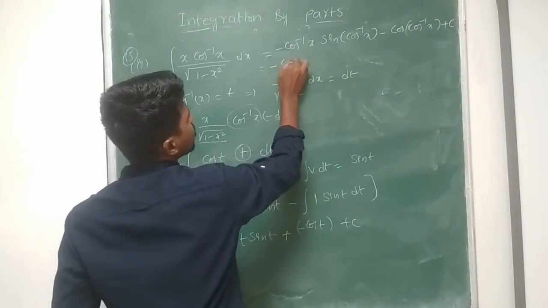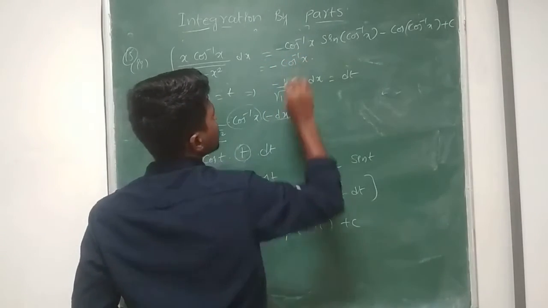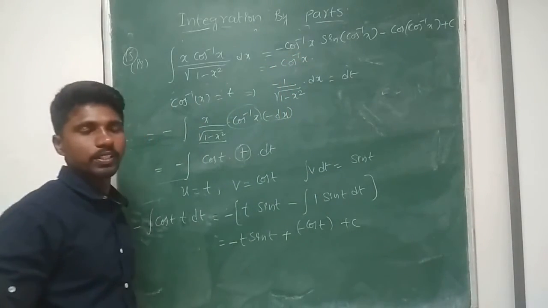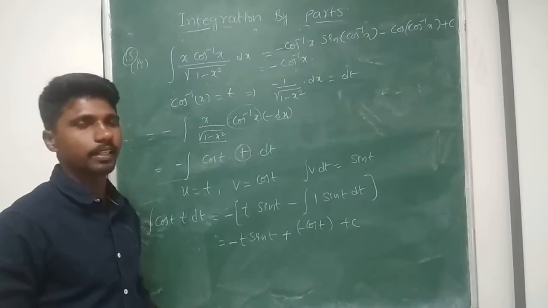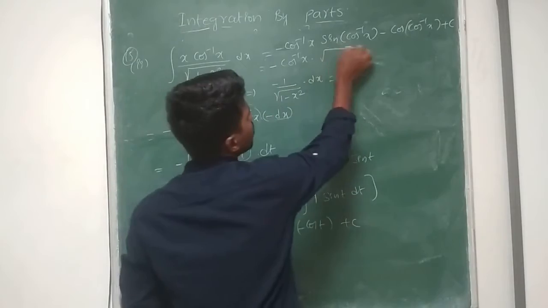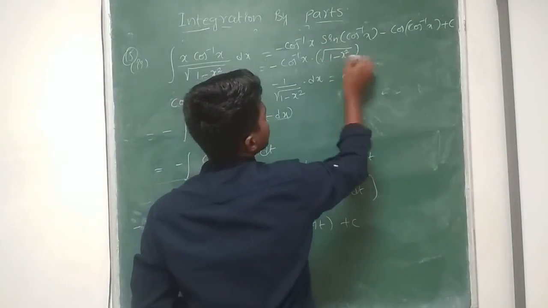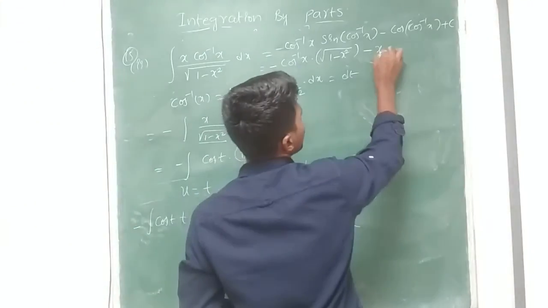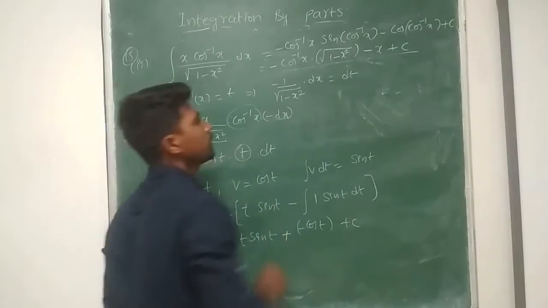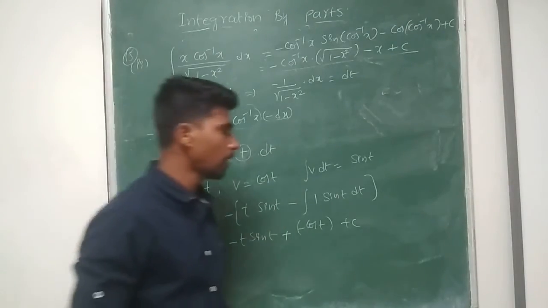Now for minus cos inverse x into sin of cos inverse x, from the properties of trigonometry, we can write sin of cos inverse of x as root over 1 minus x square, and cos of cos inverse x is nothing but x, plus a constant c. So this gives our answer.